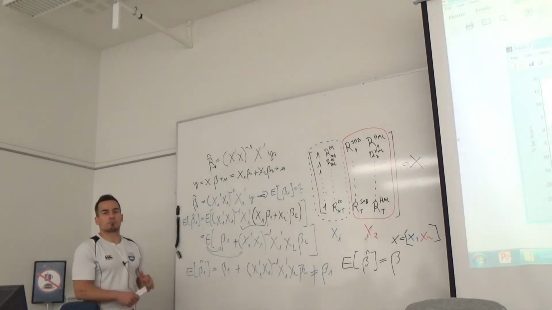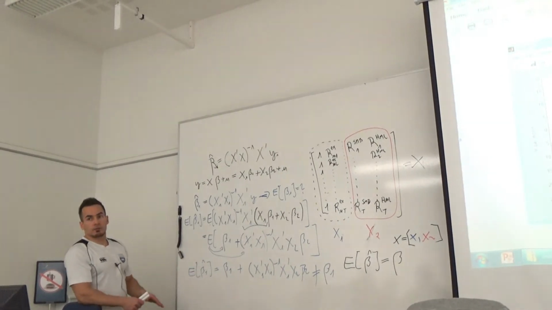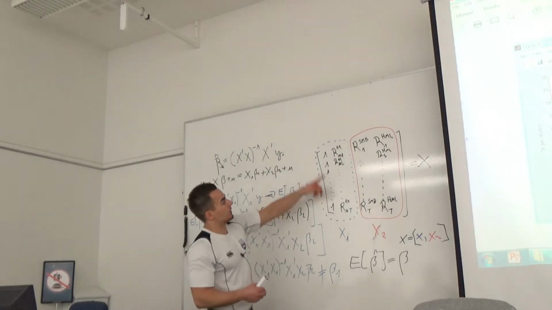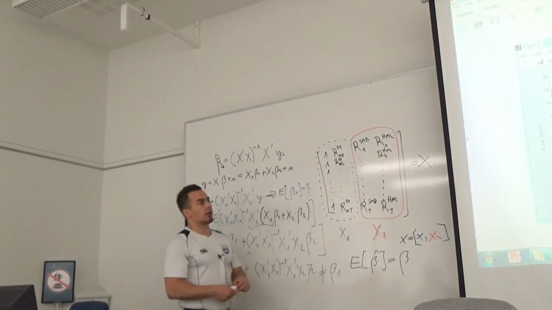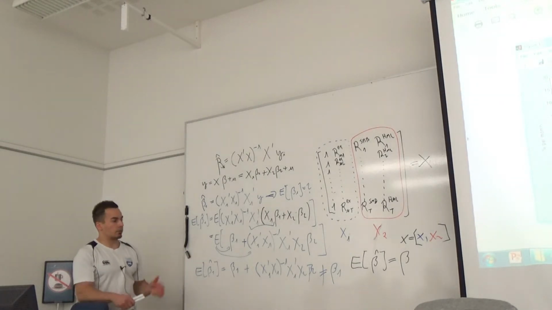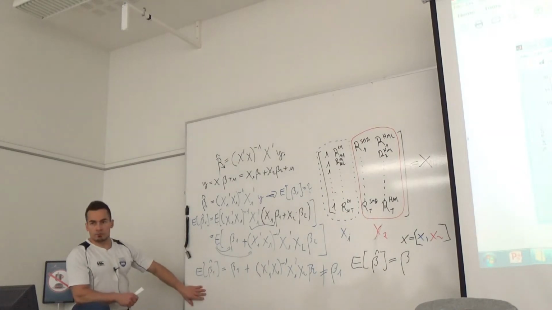So beta 1 is biased. Our market loadings, our sensitivities against the market factor, are biased, so we cannot use them. It doesn't make any sense to make inference on something that is wrong.